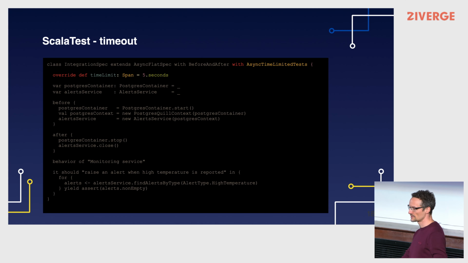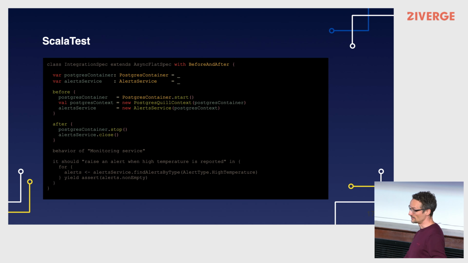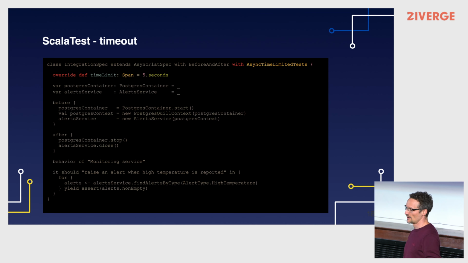So first challenge, let's add the timeout to this test. Sorry, it's important to mention that, as you can see, I have a for comprehension at the bottom. So this is an asynchronous API that we are going to test. That's why we extend the AsyncFlatSpec. So back to the timeout.